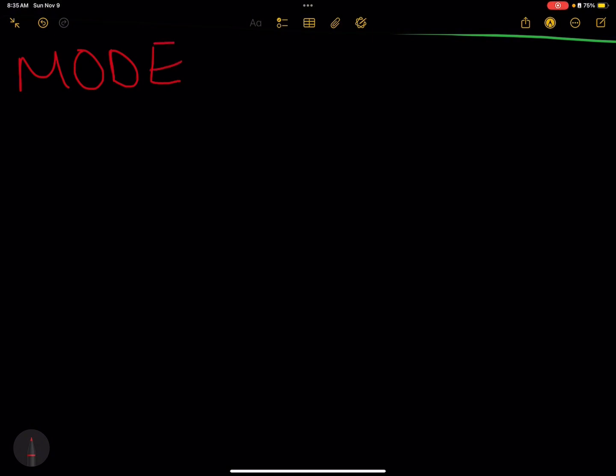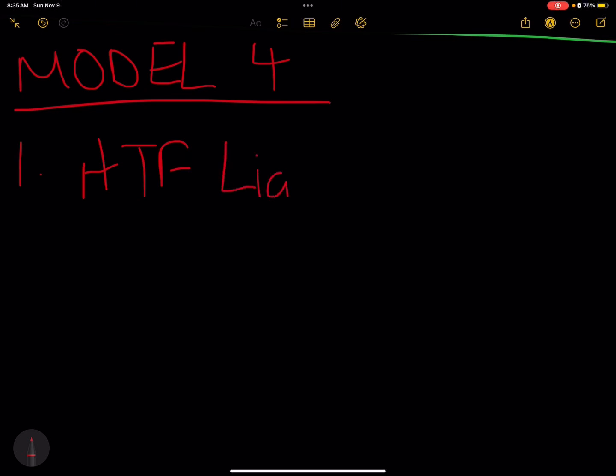Model 4, sorry. Now, model 4 is something I use sometimes when I want to catch short trades. Number 1, higher time frame liquidity. Number 2, there must be a break of structure, absolutely, or even a market structure shift.